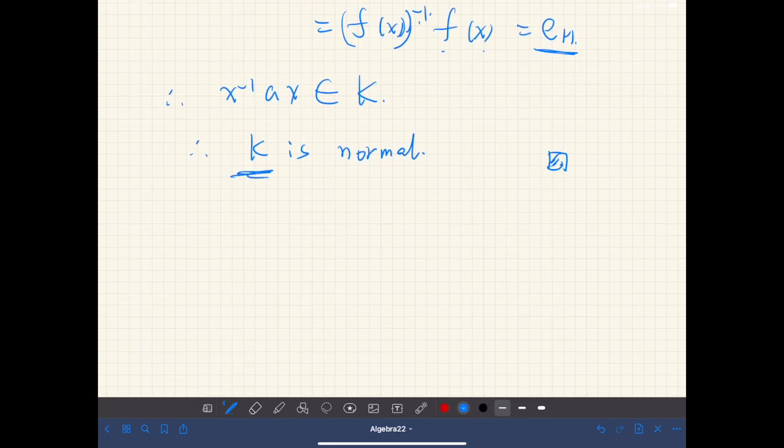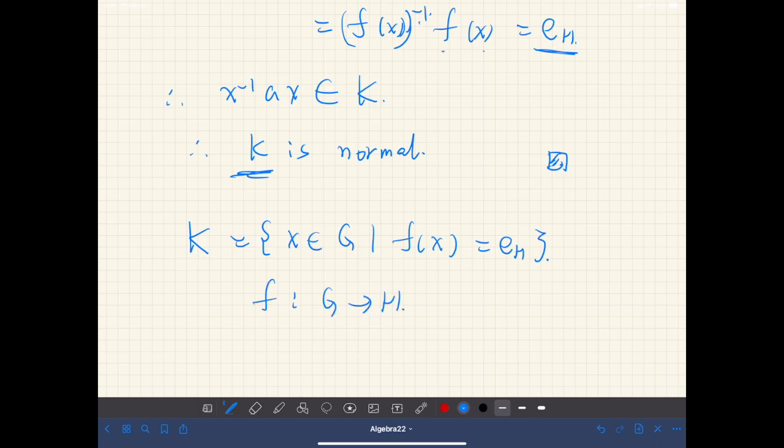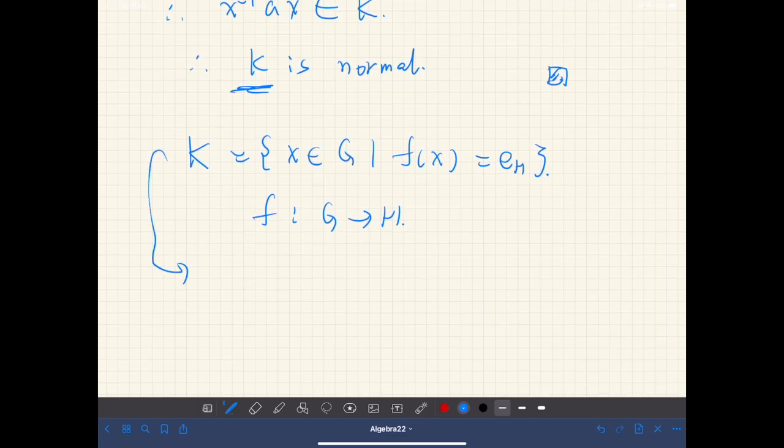And this set K, defined by this: if we have two groups G and H, and K is a subset of G that is mapped to the identity element of H, where f is a homomorphism from G to H, then this K is called the kernel of f.